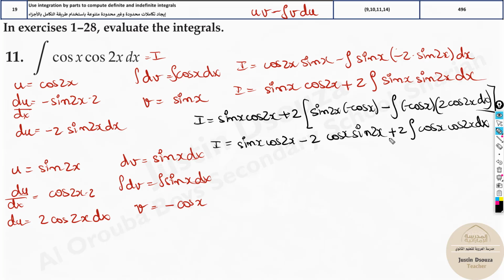Okay. Oh, one thing, I shouldn't have multiplied this 2 inside. Because this 2 is multiplied throughout this bracket, I've done a mistake over there. So I'll just write this plus 2 itself over here, and this sign, I'll write it over here. I hope that is clear.